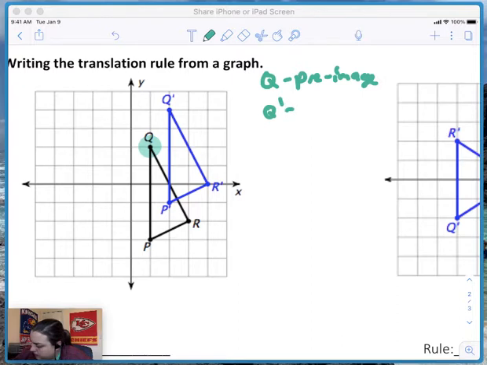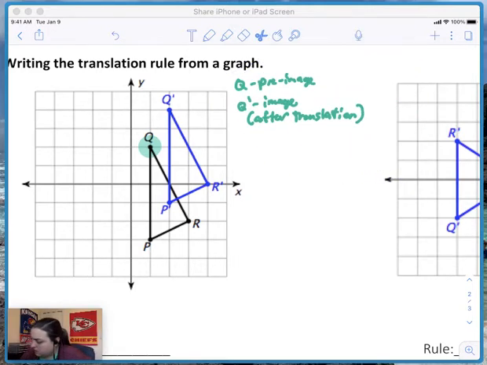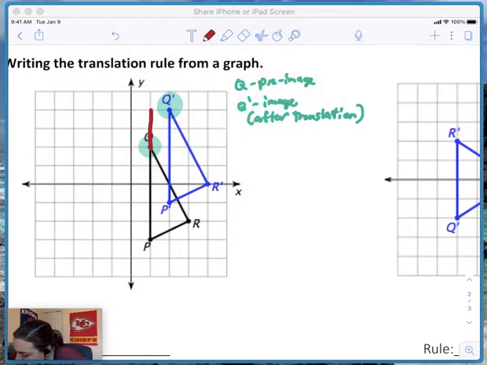And Q prime is the image, which means after translation. Okay, so how did I get from Q to Q prime? We're just focusing in on one point. So here I went up 2.